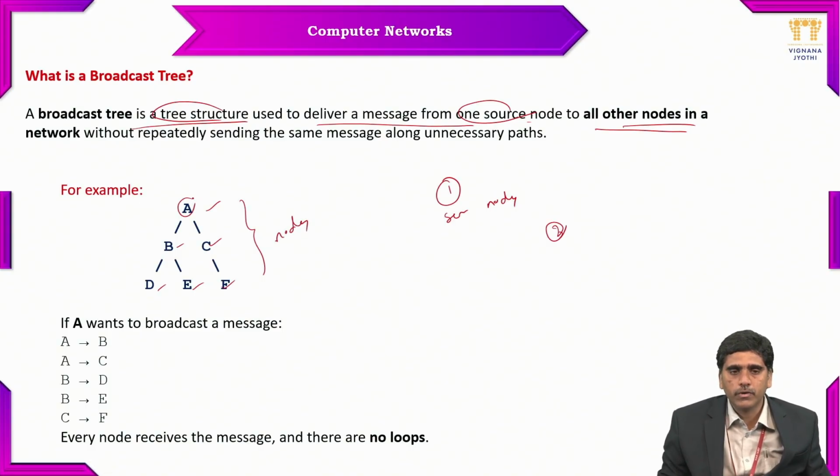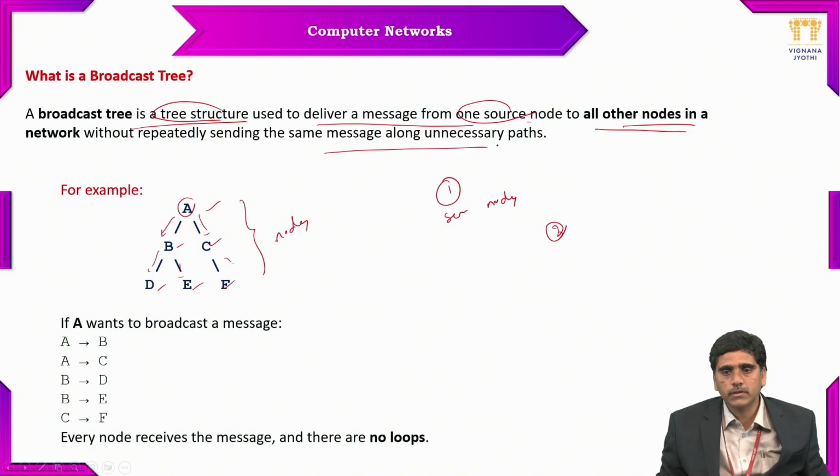From the A node, we are going to send the message to all the nodes: B, C, D, E, F. Without repeatedly sending the same message along unnecessary paths, we need to send the message to all the nodes, and there should be no loop or cycle. Broadcasting is nothing but sending the message to all the nodes.